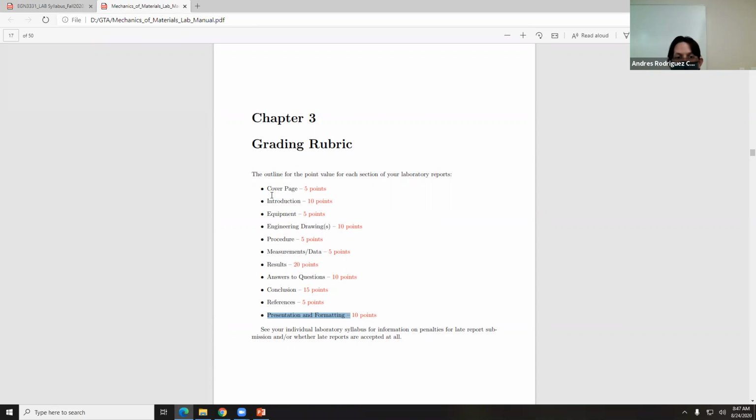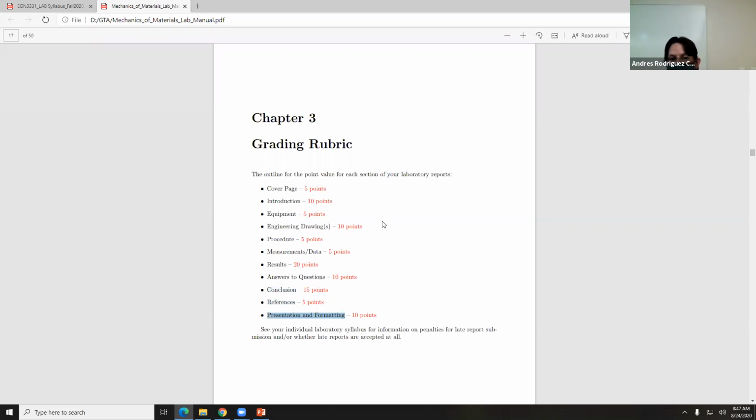We have a cover page, introduction, equipment, engineering drawings, procedures, measurements and data, results, and answers to questions. There are some questions related to the test that you have to answer. For example, is the Young's modulus affecting the results of something in the test? Something like that is going to be 3 or 4 questions. Then the conclusions about the test, references, and presentation and formatting of the report.